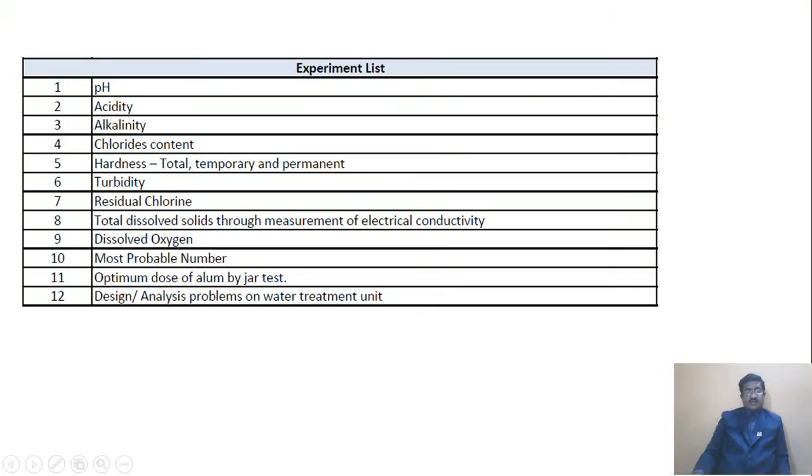Next is hardness, including total hardness, temporary and permanent hardness, then turbidity, residual chlorine, total dissolved solids through measurement of electrical conductivity, dissolved oxygen, most probable number, optimum dose of alum by jar test, and design and analysis of problems on water treatment unit.